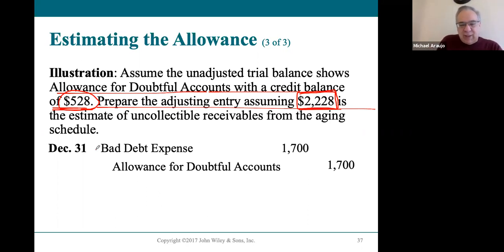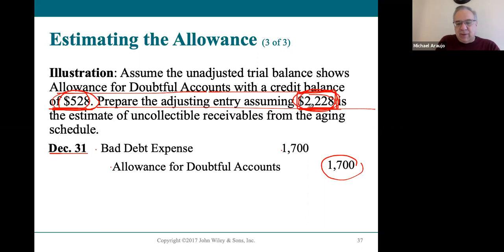So your bad debt expense for the year, at the end of the year, again, notice all these are end of the year entries, $1,700 debit to bad debt expense. You're going to adjust allowance $1,700. Again, this credit plus the credit that's already there is going to equal this amount that you want, 2,228. That's why you can only expense the difference.